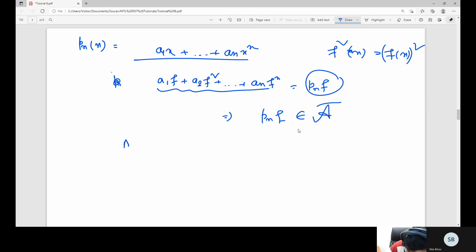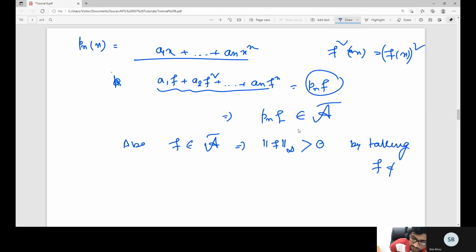Also you have f belongs to the closure of A. So this implies the norm of f infinity is finite. This is a finite number because every continuous function on a compact set is bounded. In fact we can take it positive by taking a non-zero function f.